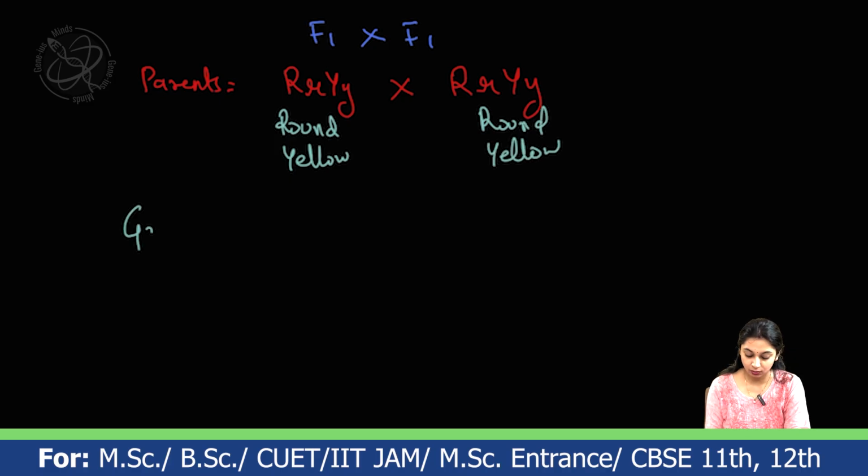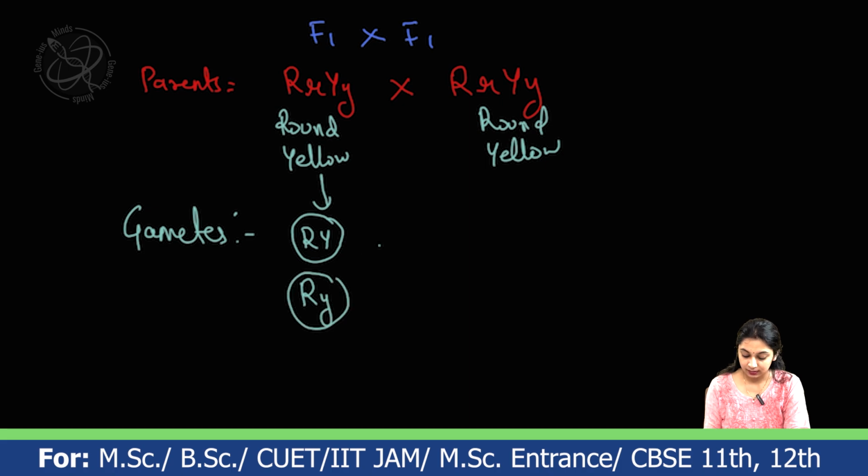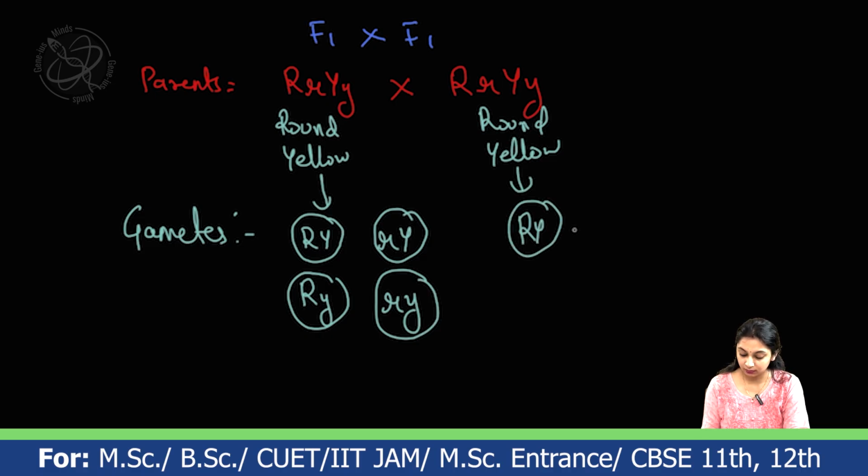Now let's see what gametes we can get here. Out of this we are going to get gametes capital R capital Y, capital R small y, small r capital Y, small r small y. The same set of gametes will be here also. So in total we are going to get 8 gametes.